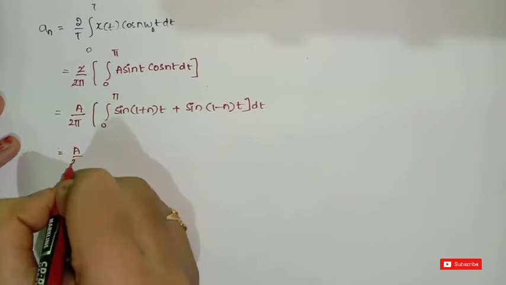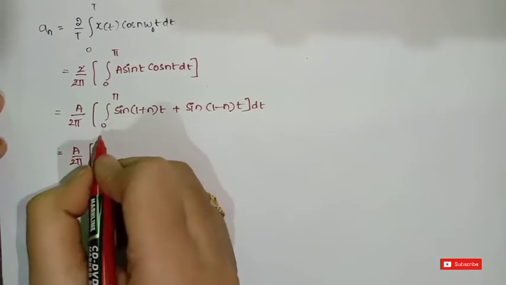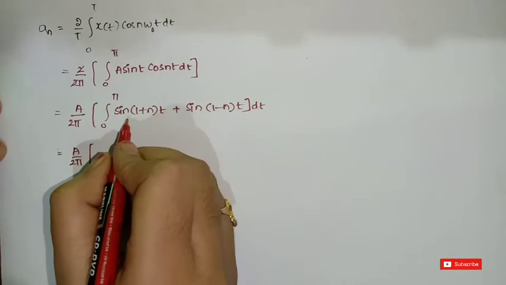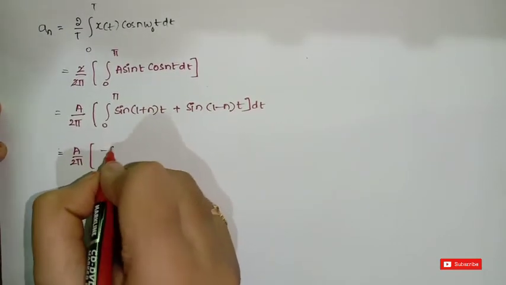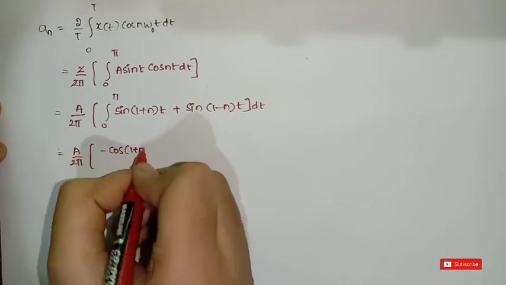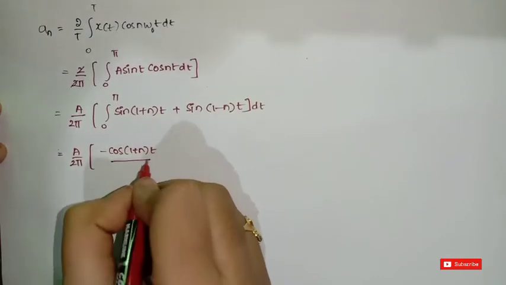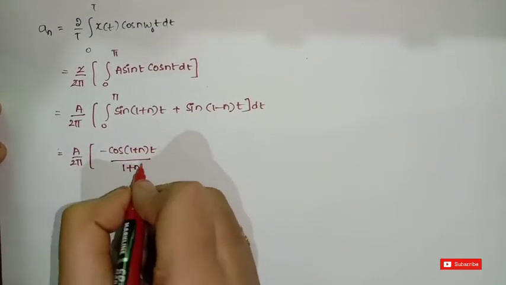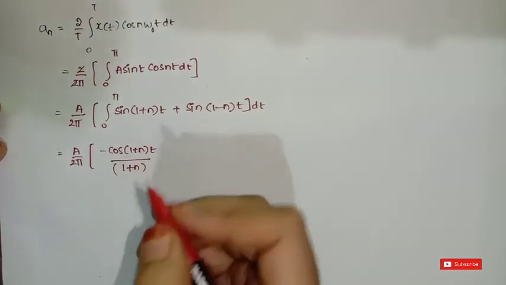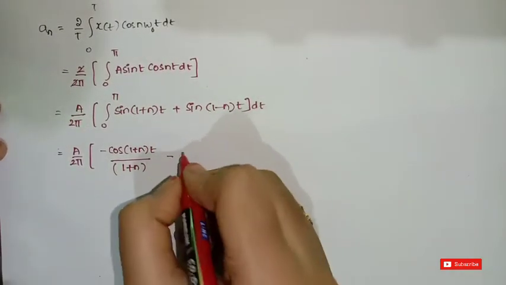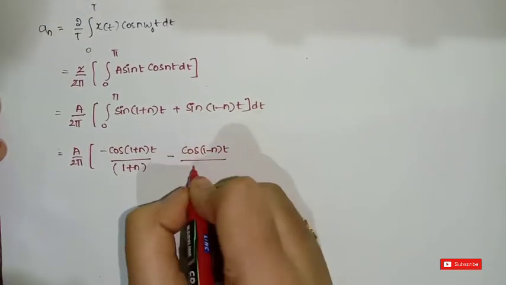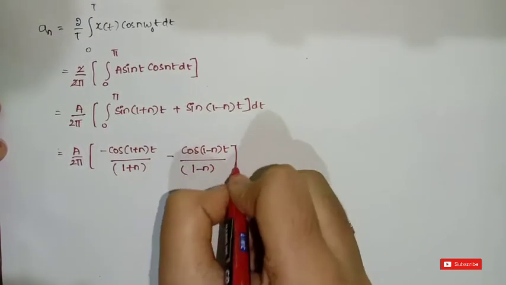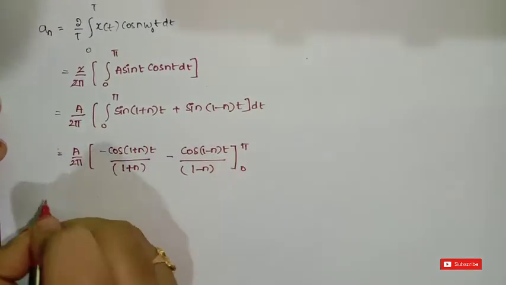A by 2 pi integral 0 to pi sin t dt is nothing but minus cos(1 plus n)t by 1 plus n. Here also minus cos(1 minus n)t by 1 minus n in between the limits pi and 0.